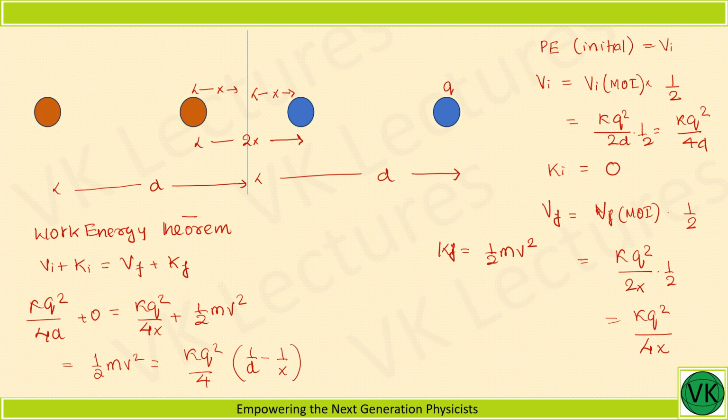1 by d minus 1 by x. Here we have to consider the initial potential energy to be minus. So here also it is minus, this also minus.